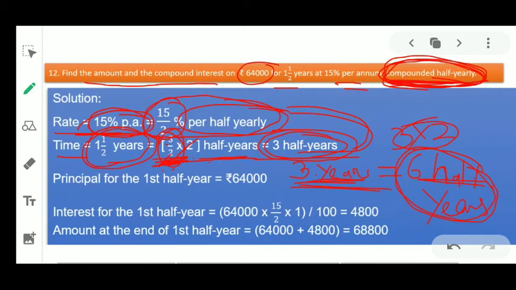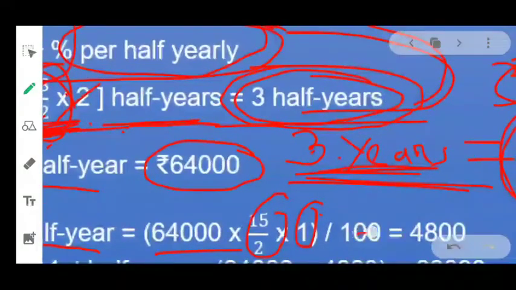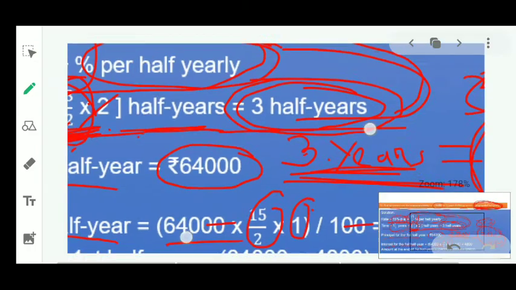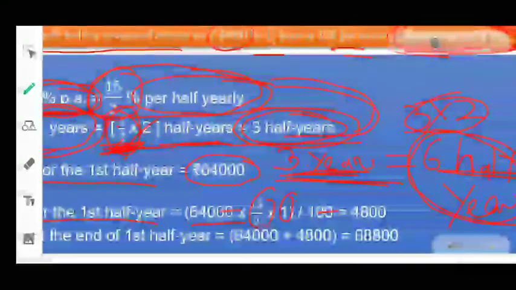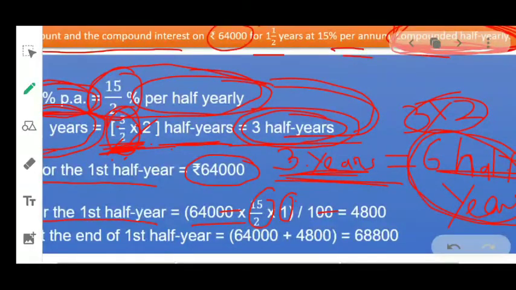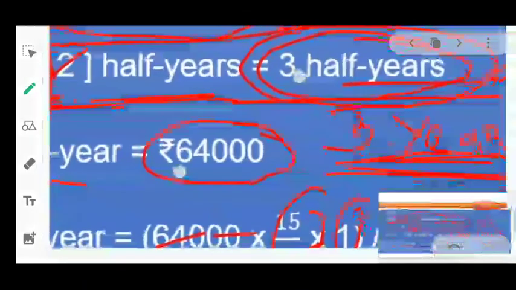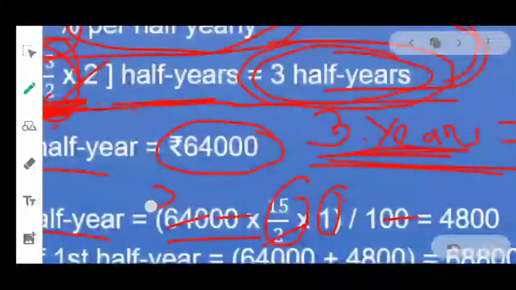Now principal for the first half year equals 64,000, that is given. Now interest for the first half year equals P into 15 by 2, that is rate, into time 1, by 100. So here 100 will be cancelled. Then if you divide 640 by 2, it will give 320.